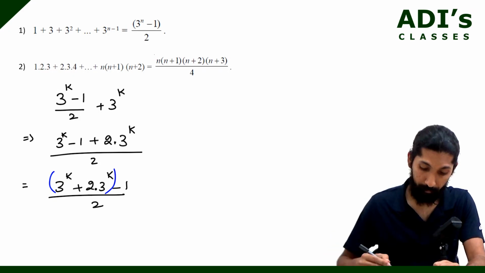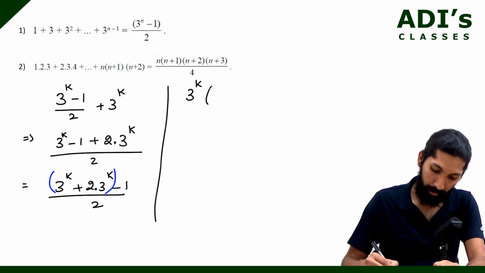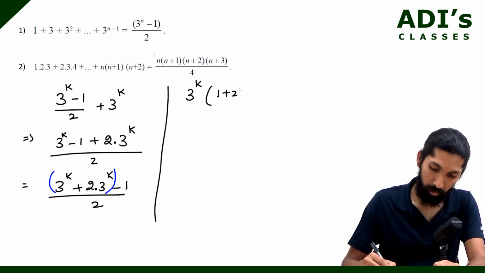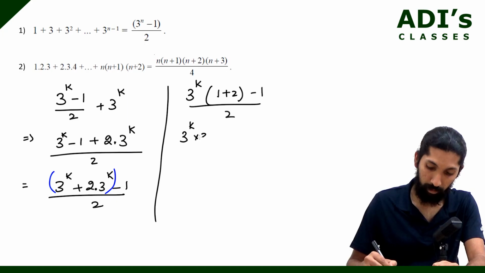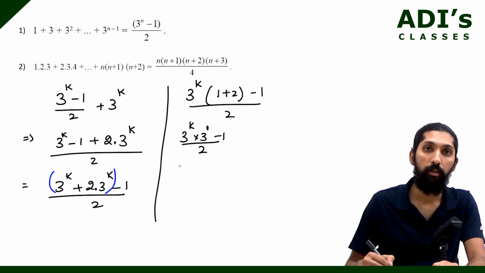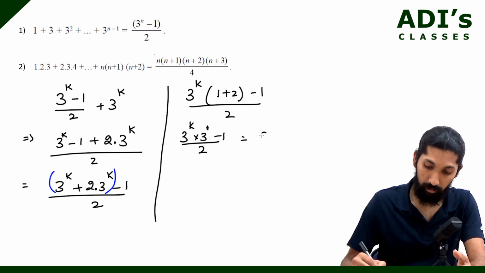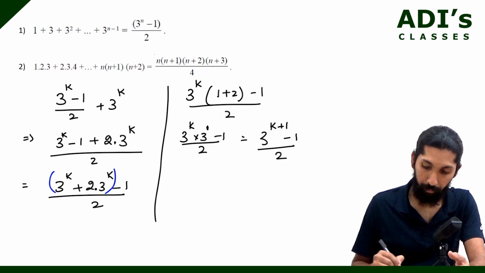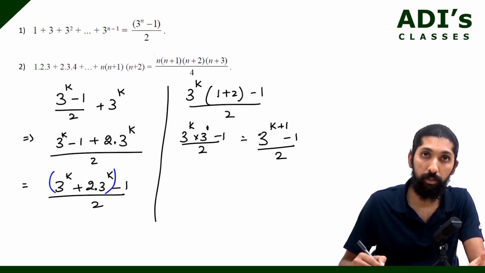So, we get 3 power k into (1 plus 2) minus 1, divided by 2, or 3 power k into 3, so 3 power 1. What is 3 power k into 3 power 1? Isn't it the same as (3 power k plus 1 minus 1) by 2?